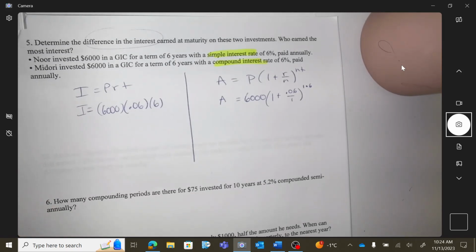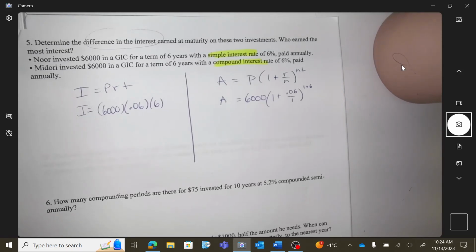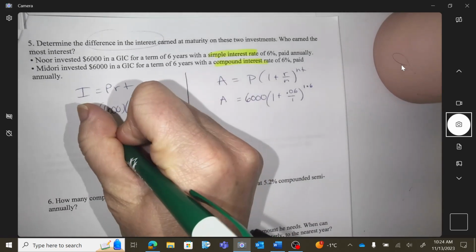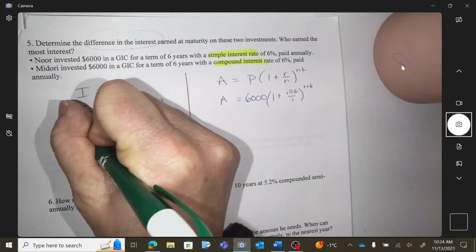Okay, so everything is with a 6 in there. Can you run on your own there, both formulas?